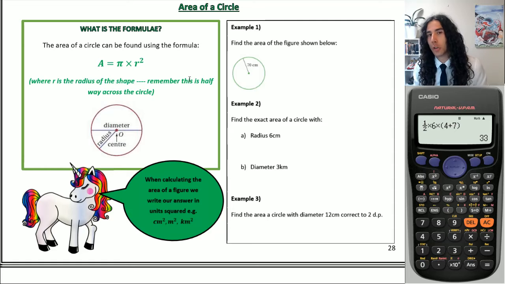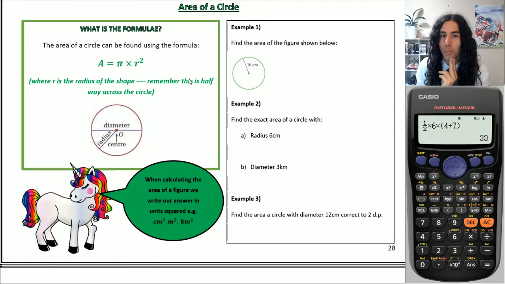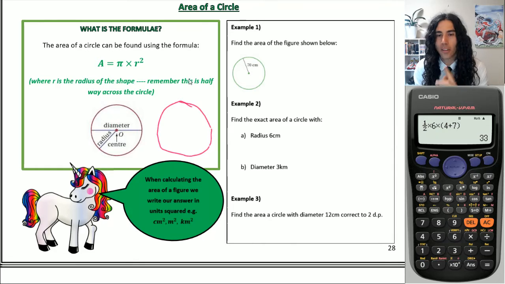Circles. The most important part of a circle is its center. Every single circle has a center. And what we have is a distance from the center to the outside. That's pretty dodgy. Round 2. Better.